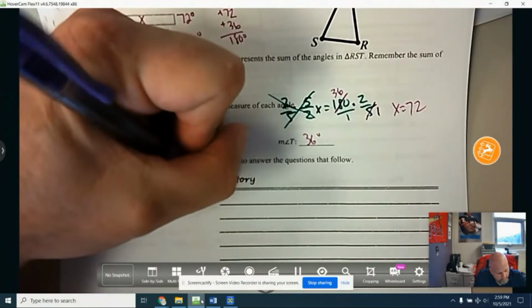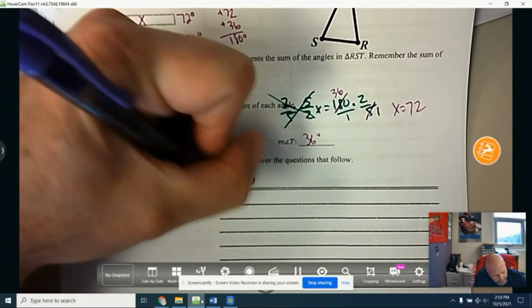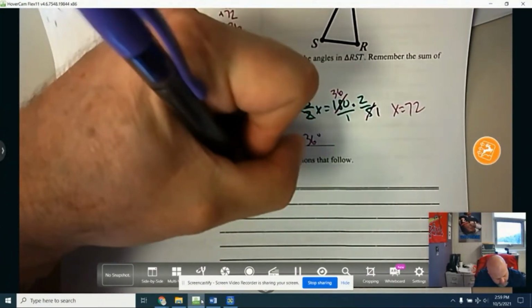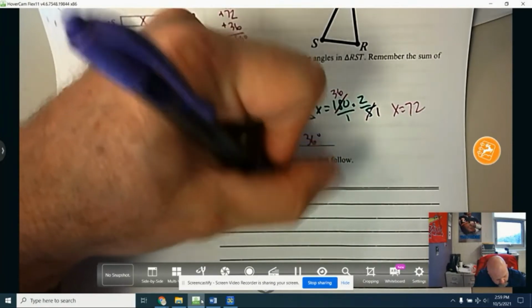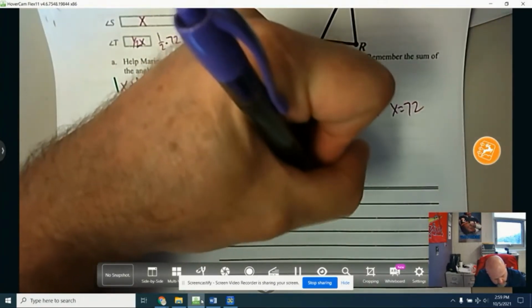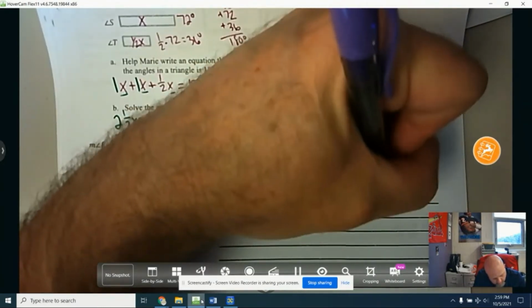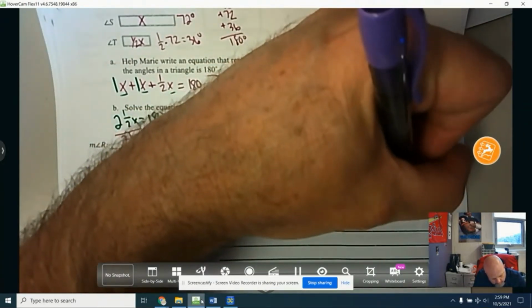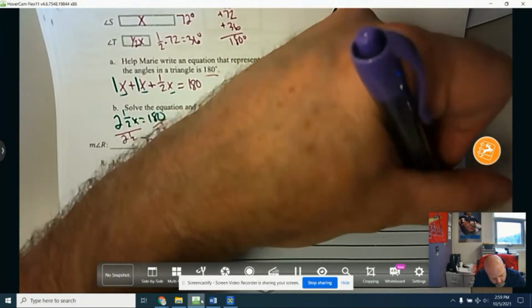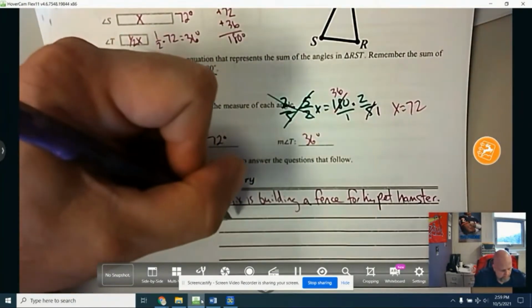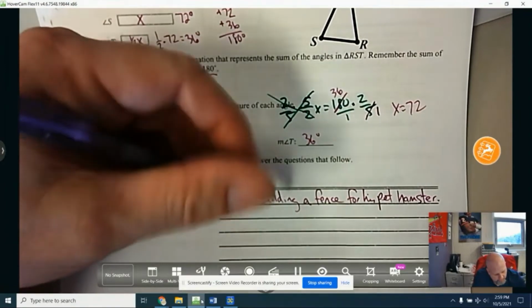Okay, so we're going to say Felix is building a fence for his pet hamster. Yeah, Felix told me he's a fan of hamsters, so he's building a fence for his hamster.